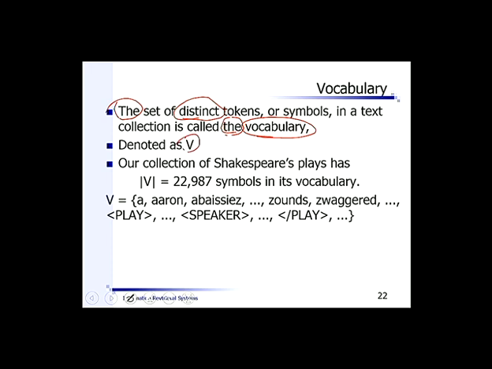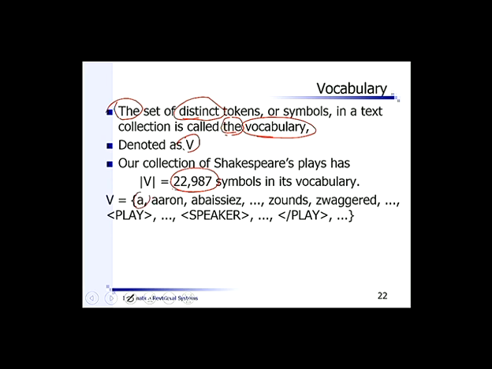Our collection of Shakespeare's plays has 22,987 symbols in its vocabulary, right? So the size of the vocabulary is 22,987. These are the unique words without repetitions in the plays.